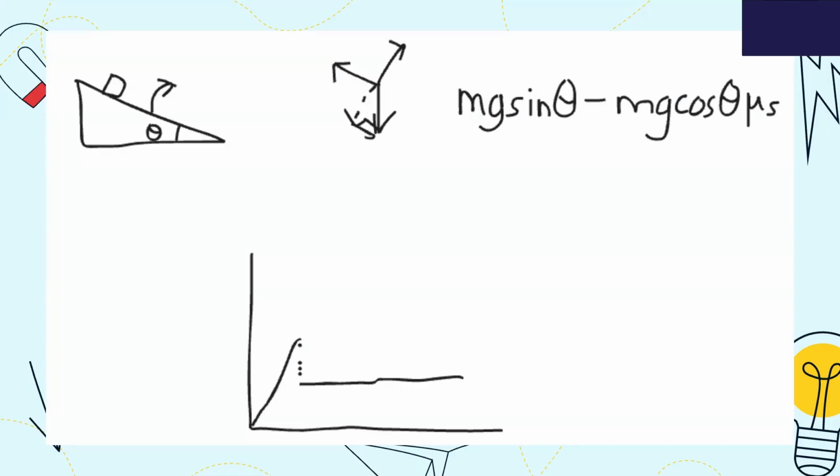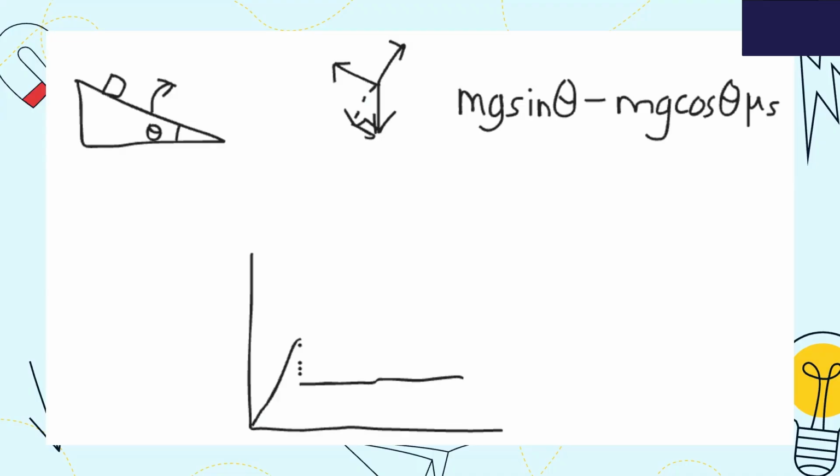So essentially, there's a static friction force acting up the ramp, normal force perpendicular, and force of gravity straight downward. We can split the force of gravity into components. So the component down the ramp is mg sine theta. That's the force of gravity down the ramp, and the static friction force opposes that.